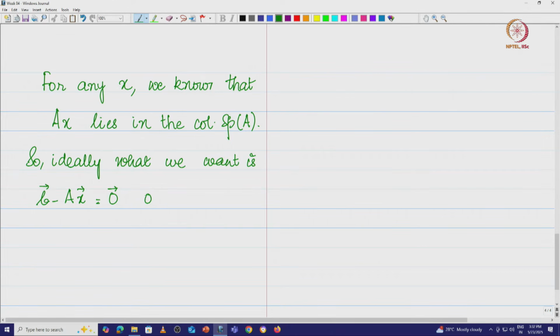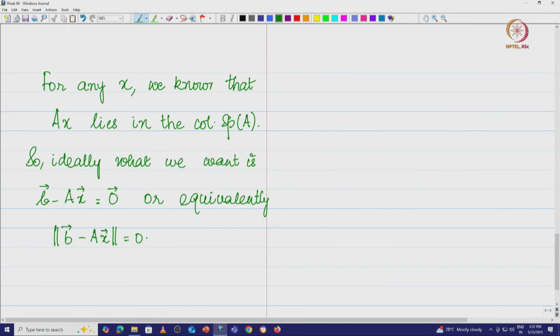Equivalently, since B minus Ax is the 0 vector, the length of this vector must be equal to the scalar 0, right.